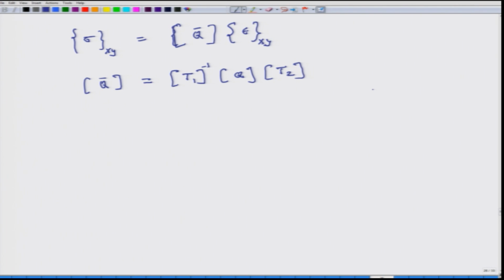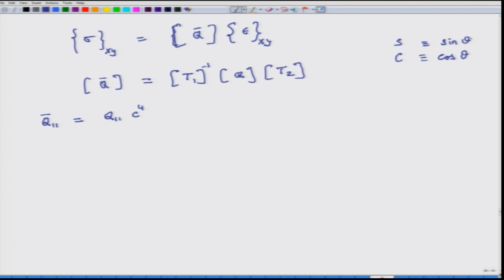If we do all the computation, the relationship between Q bars and Qs comes out like this. So, Q11 bar equals Q11 times cosine 4 theta. Here C means cosine, and S means sin theta.